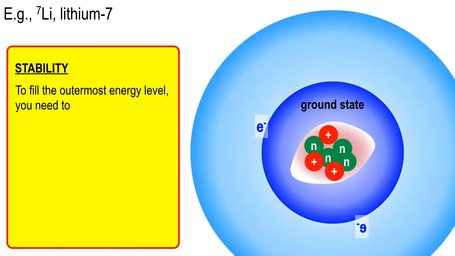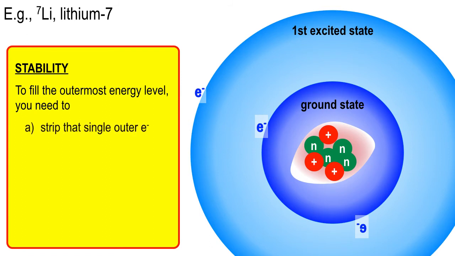And then you've got this second energy level, first excited state, n equals 2. And all you've got out here is this baby. So to fill the outermost energy level, you could strip that outer one, and then all you'd have is n equals 1, but it would be full.